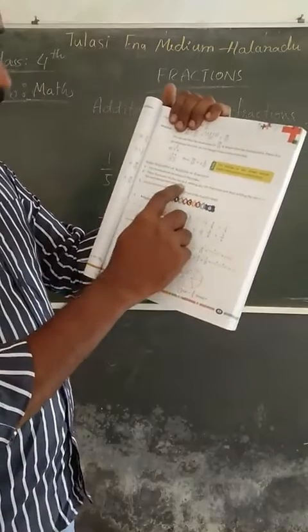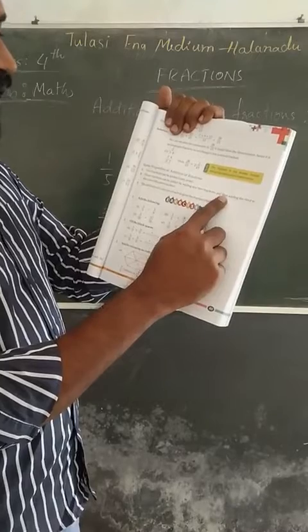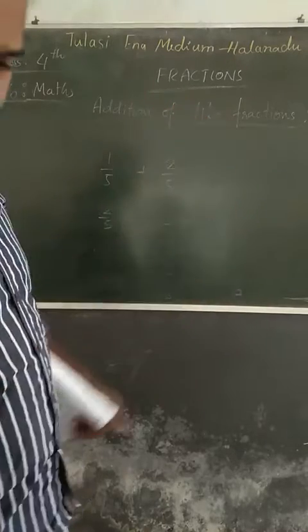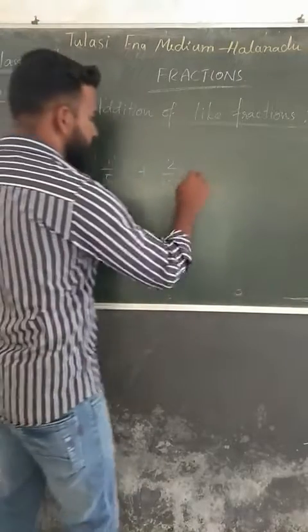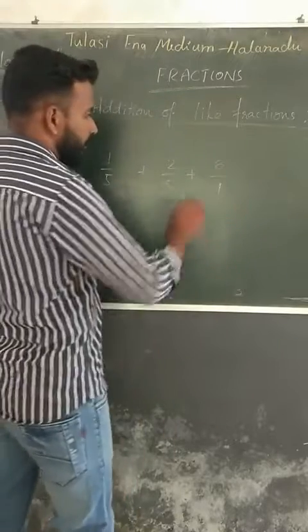3 fractions can be added by adding any 2 fractions, then adding the third to the sum of the previous 2. Suppose 1 by 5, 2 by 5 and 6 by 9.